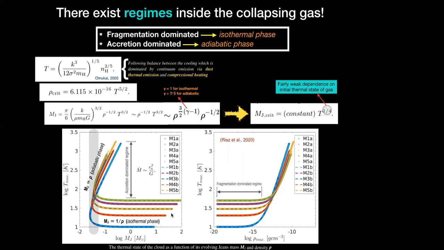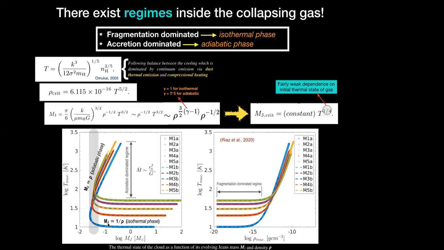What I'm trying to explain is that as the gas density increases because of the collapse, the Jeans mass, which is a function of the density, also changes. In the isothermal phase of collapse, the Jeans mass is inversely related to the density. So as the density increases, you expect the Jeans mass to drop, which means that more fragments can become self-gravitating objects.